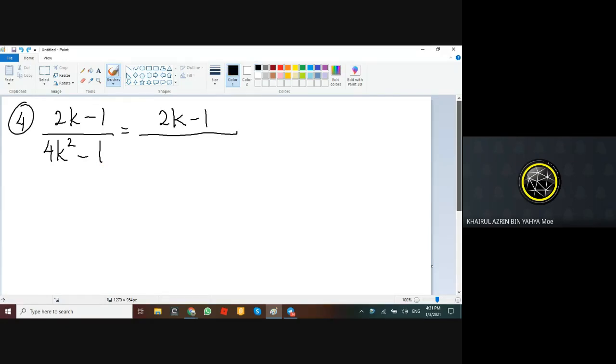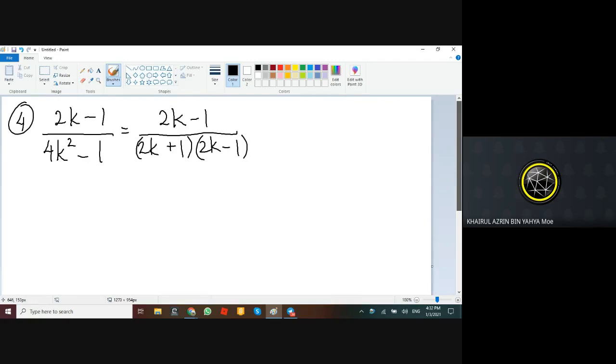So, 4k square minus 1, we can factor into 2 brackets like this, in the middle, plus and minus. 4 is 2 times 2, k square is k times k. So in short, 4k square minus 1 we can factorize to become 2k plus 1, 2k minus 1.